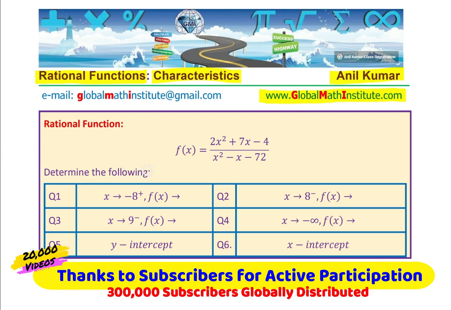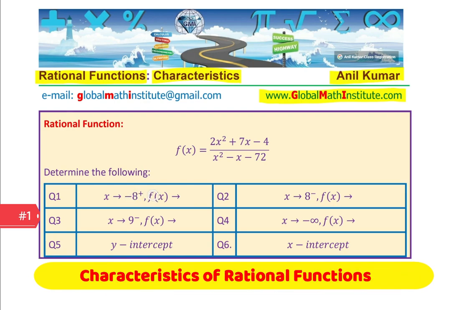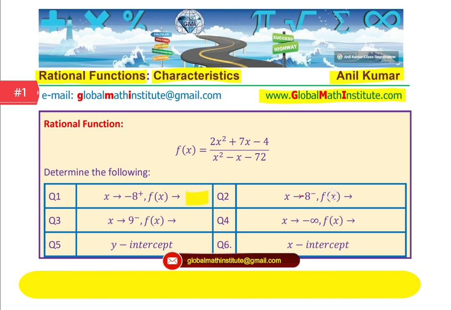We need to determine the following characteristics. 1. When x approaches minus 8 from the right side, f of x approaches what? So you have to fill in these values. When x approaches minus 8 from the left side, f of x approaches what?